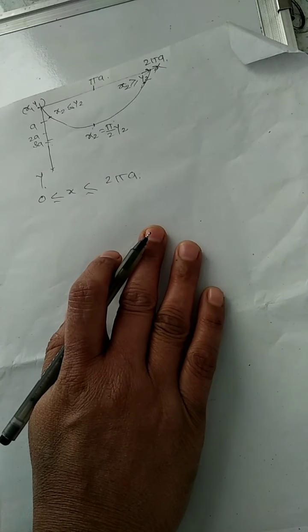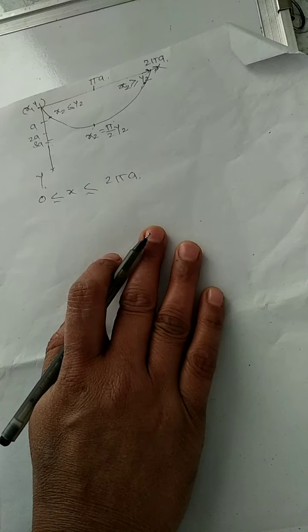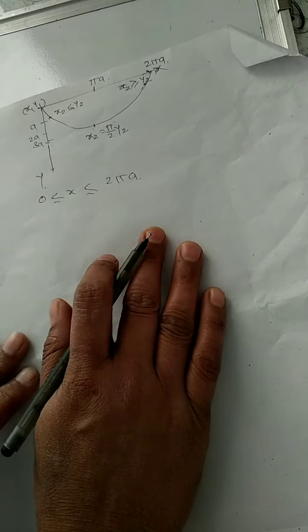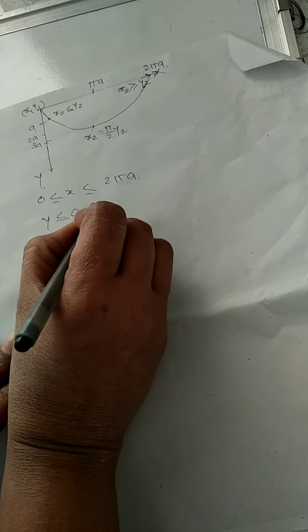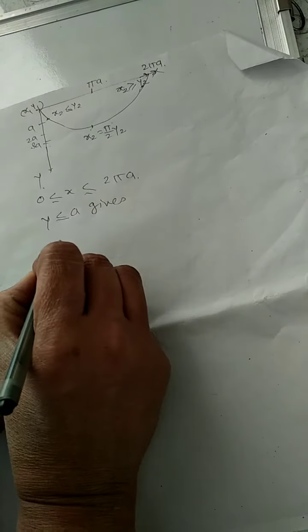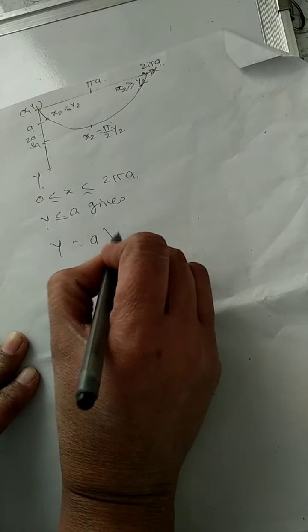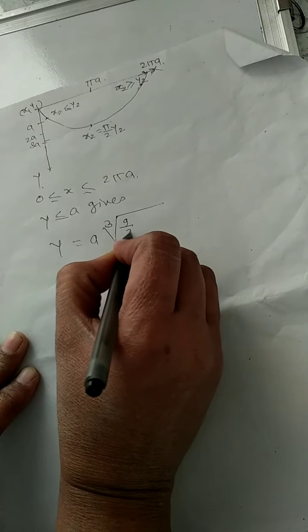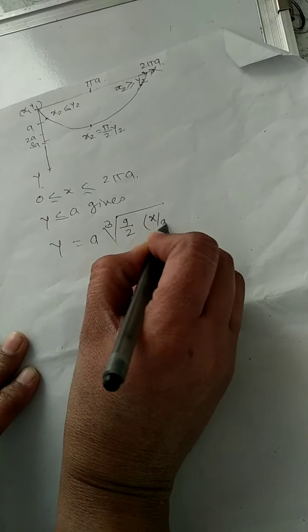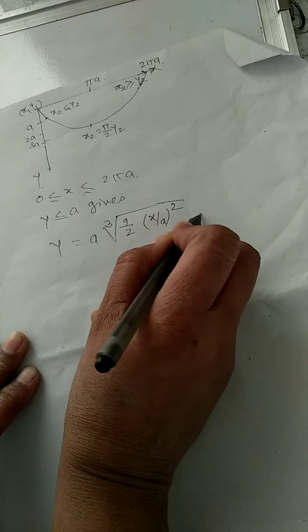At the beginning of the second cycle, 3 cases of solution are indicated. A power series expansion of the solution for a limit y less than or equal to a gives y equal to a into the cube root of (3 by 2 x upon a) whole square.